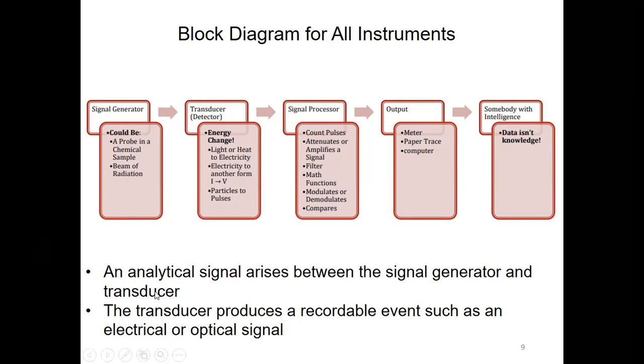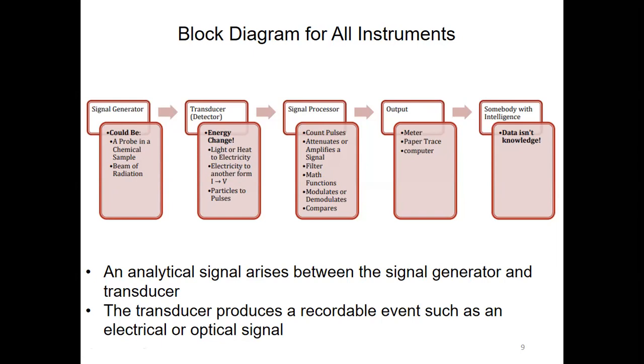Okay, so here it says the analytical signal arises between the signal generator and transducer. The transducer generates the signal, and produces a recordable event such as an electrical or optical signal. As I mentioned earlier, the transducer converts the signal into another form, so that it is recordable.